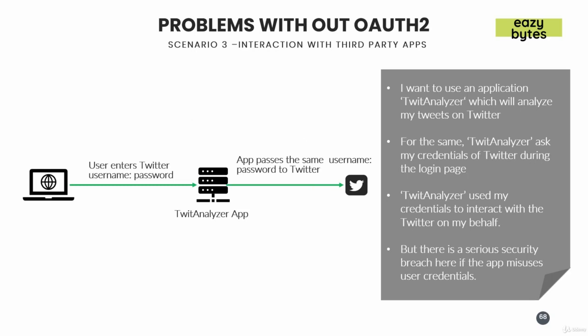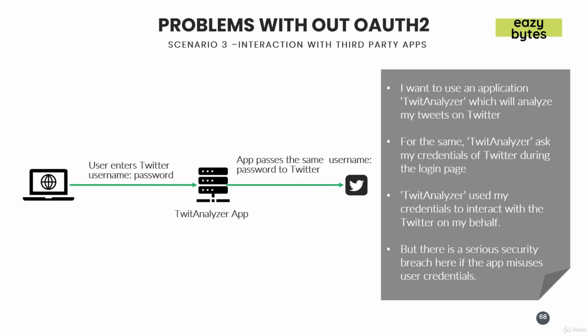But in order to use that, if the Tweet Analyzer app is not using the OAuth2 framework, they will ask me to enter my Twitter credentials inside their application. I will end up entering my actual Twitter credentials, which will be used by the Tweet Analyzer app to interact with the actual Twitter to get my tweets information.